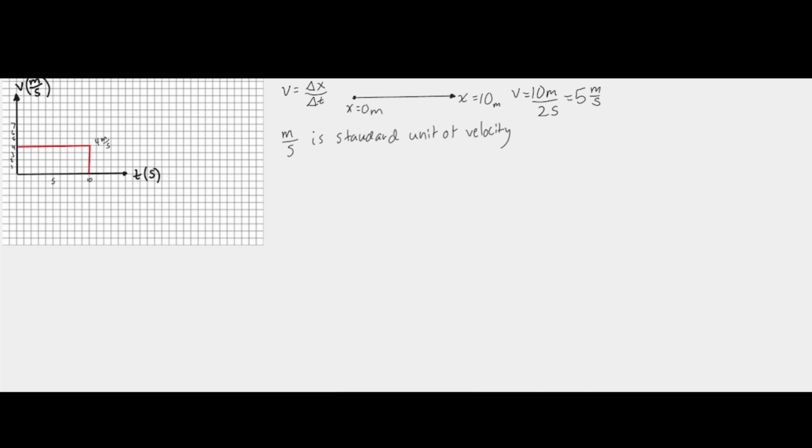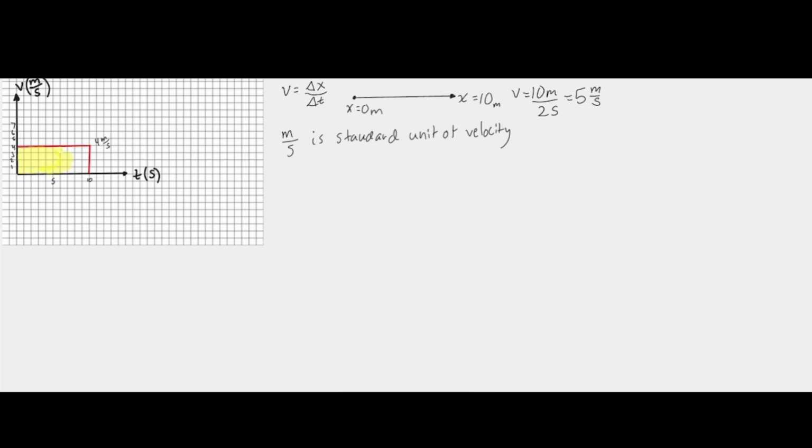The reason I want to look at this is because if you multiply the velocity times the time, you're going to get a distance. And it's actually considered the area under this curve. Why is it the area under this curve? Well, think of the area of a rectangle. It's just the base times the height. The height in this case is 4 meters per second.